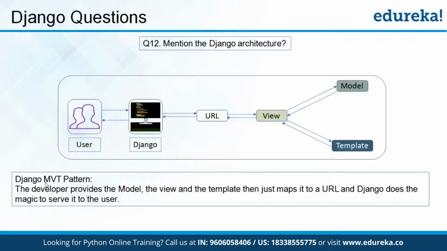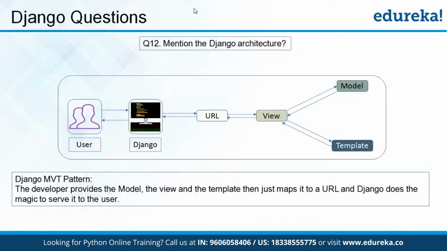MVT is model, view, and template. It is similar to MVC, which is model view controller, but here the model is similar in both MVC and MVT. The view over here functions as a controller itself.